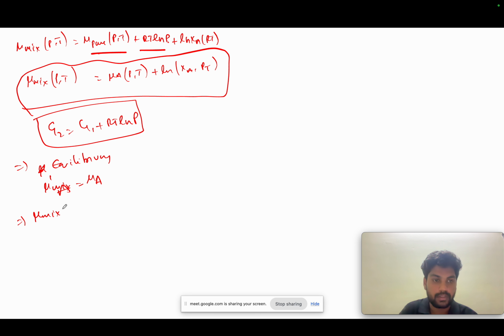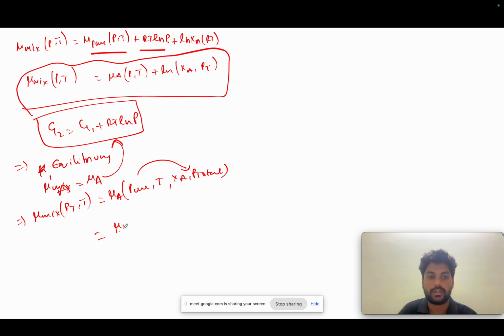So then mu mix of pressure total comma T, which is of the whole pressure, is nothing but mu A of, now I am writing it like this, mu A of pure comma T comma XA P total, which is nothing but mu A pure comma T plus RT ln of XA into P total.